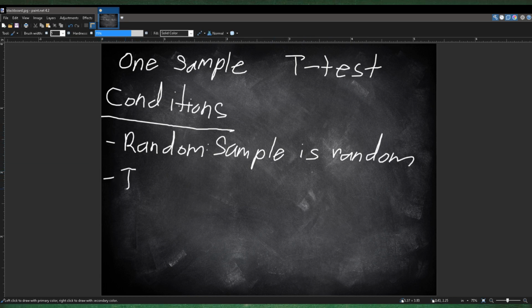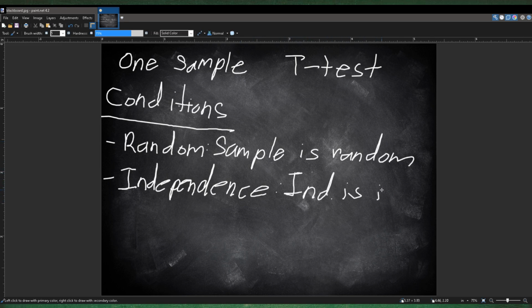Next up, you have to have independence, which basically, as said before in my z-tests, means individuals are independent of each other. So IND is individuals independent of each other.